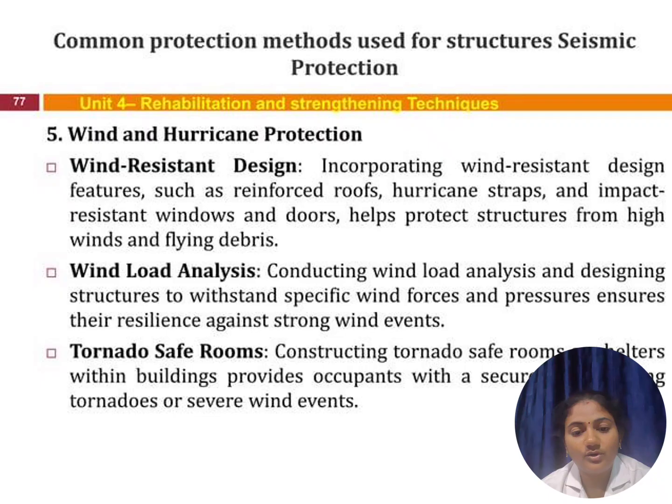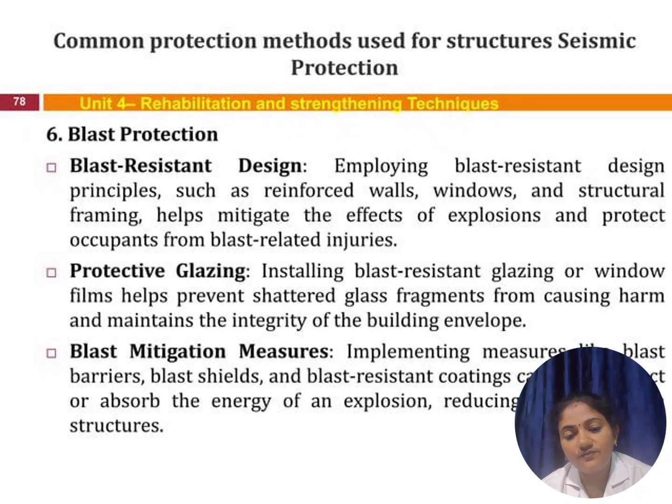Then wind and hurricane protection, by considering wind load analysis and providing safe rooms that are safe from wind and hurricanes. And blast protection: for blast purposes we can have blast design to protect ourselves by absorbing the energy of the explosion and reducing the chance of the structure collapsing.